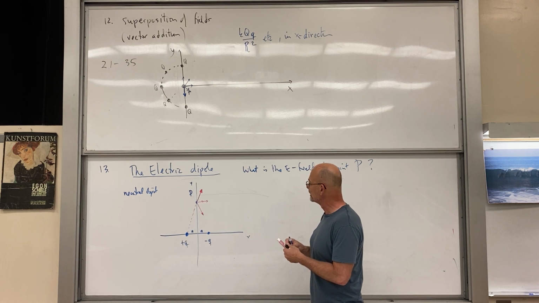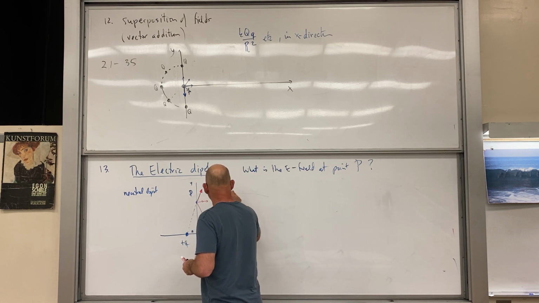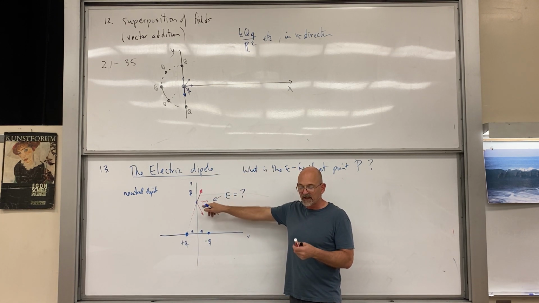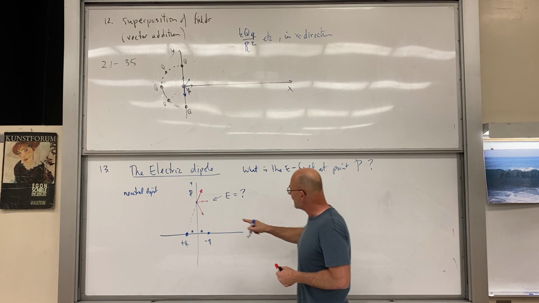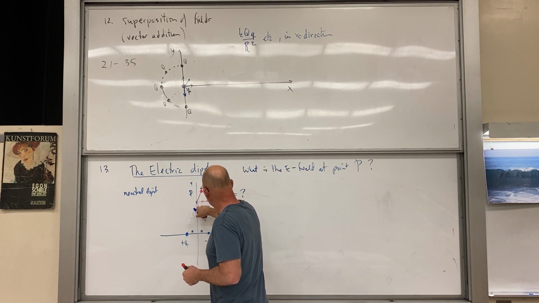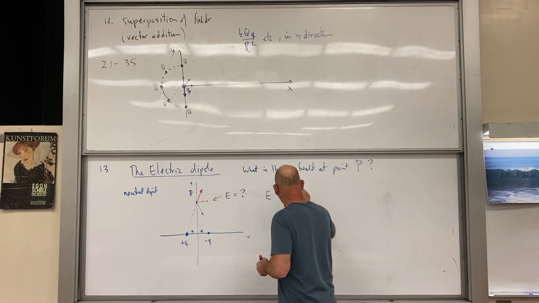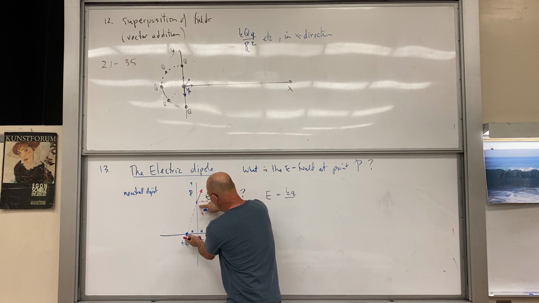Okay. So the E field, so E equals, what is the E field at this point here, and we'll get a general expression for it. So the magnitude is, first of all, just kQ over this distance squared.